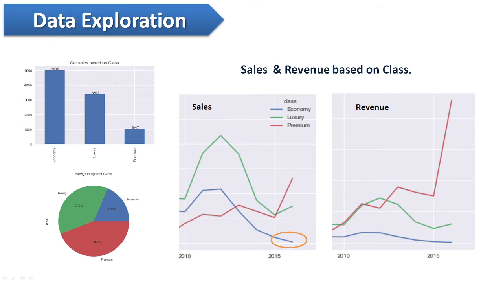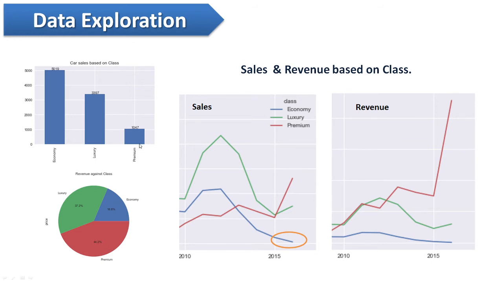But if you see the pie chart here, which talks about the share of revenue against each class, you can see the economy class sales are very high, but the revenue generated from it is relatively low, taking the third position.